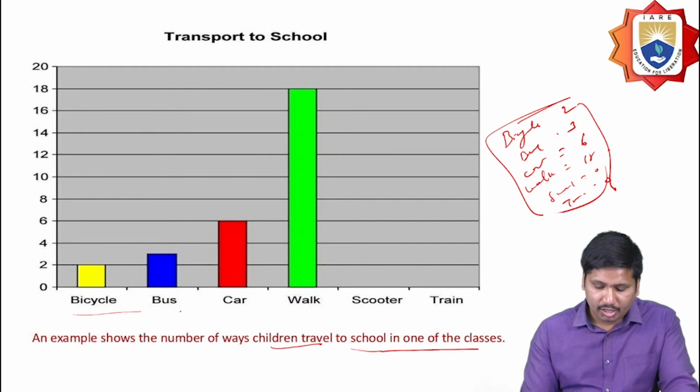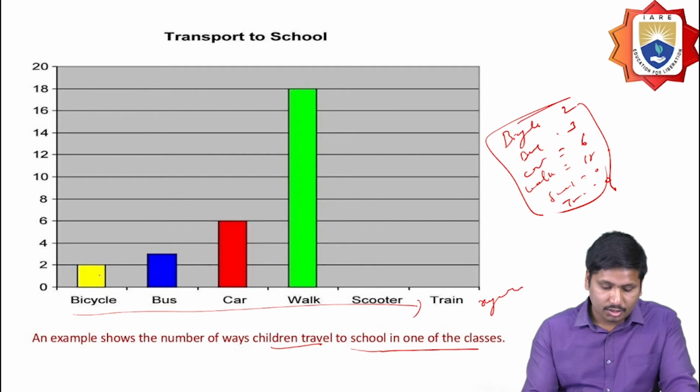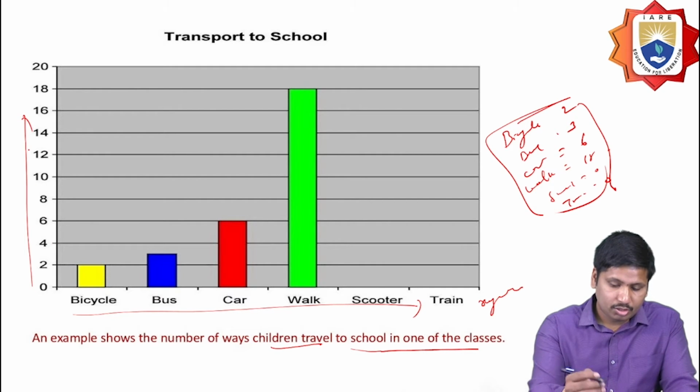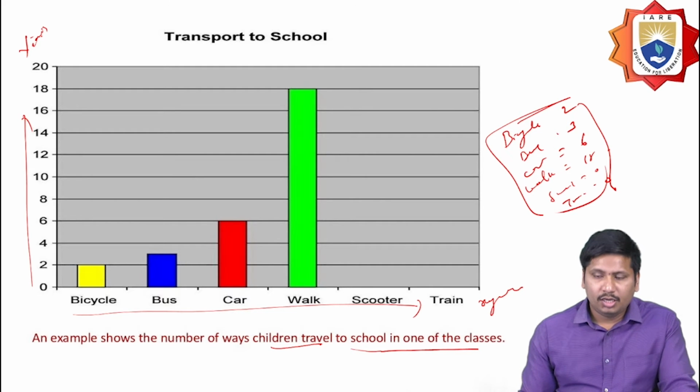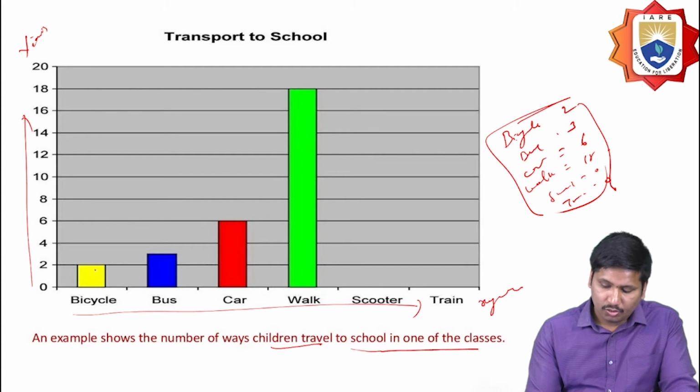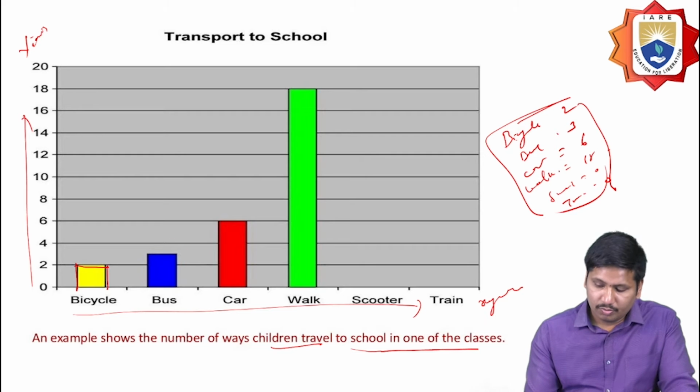I'm taking all the vehicles on the x-axis here, and the number of people on the y-axis, and I'm going to draw the bar chart. Bicycle, how much? 2. Then bus, how much? 3.